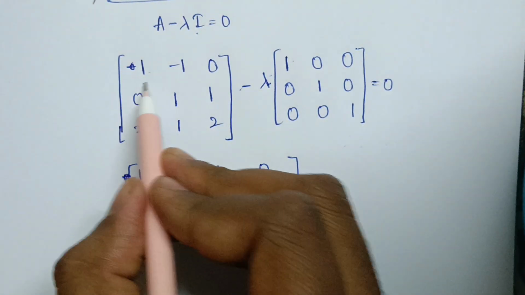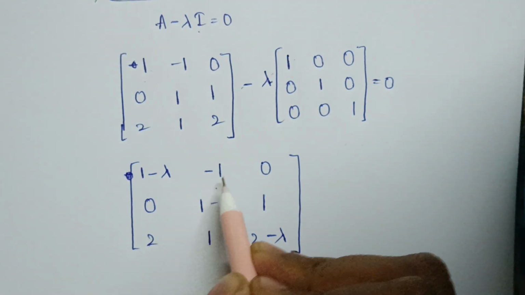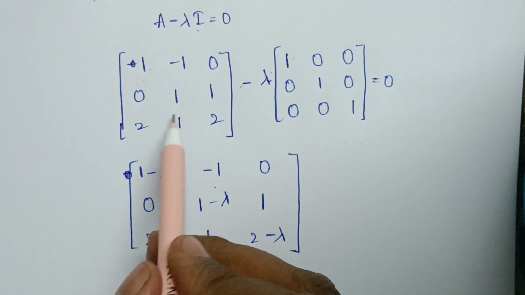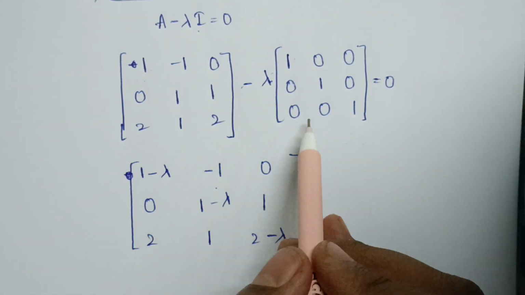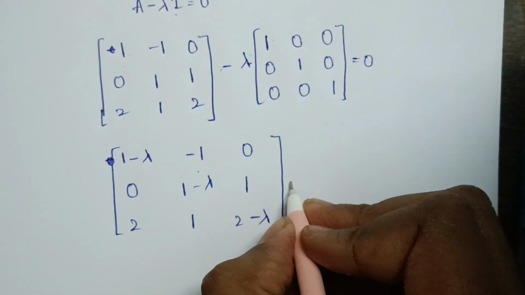So here 1 minus lambda, minus 1 minus 0, so directly minus 1, 0 minus 0 is 0, 0 minus 0 is 0, 1 minus lambda, 1 minus 0 is 1, 2 minus 0 is 2. Okay, so this is equal to 0.